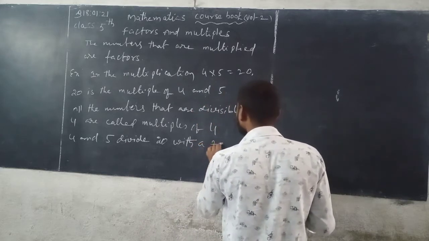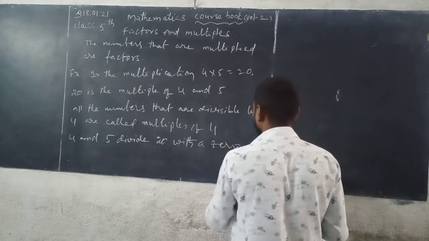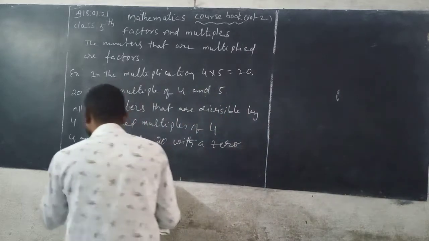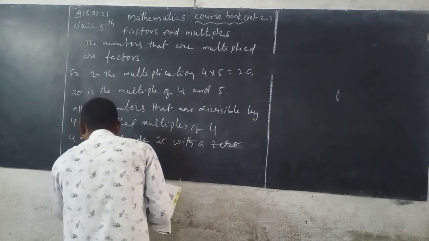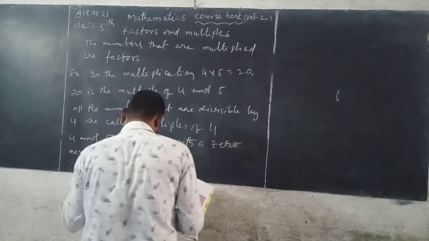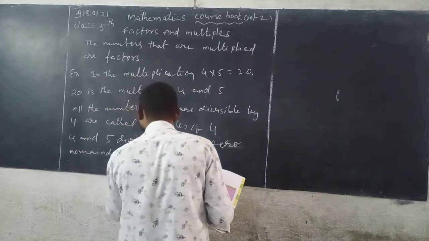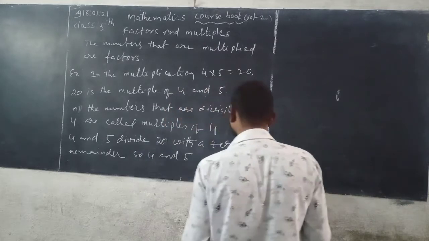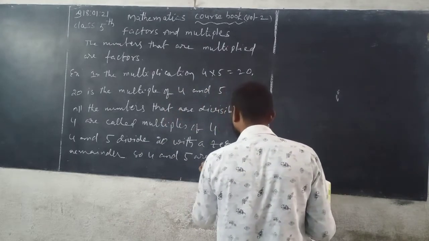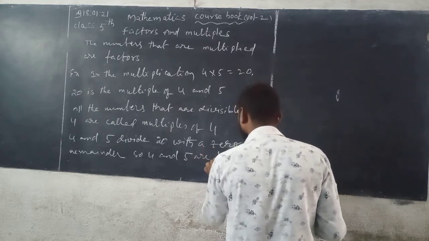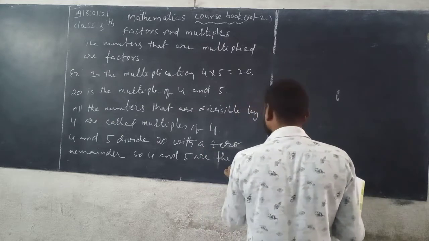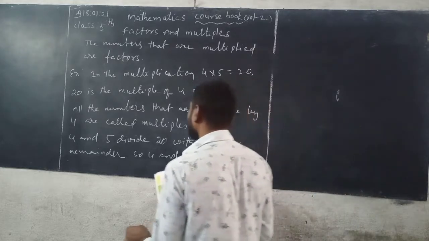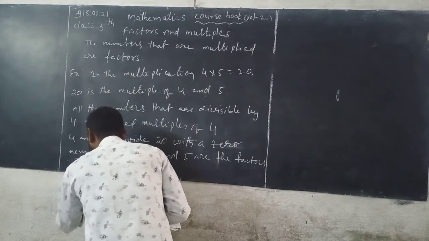With a 0 remainder. So 4 and 5 are the factors of 20. Did you understand?